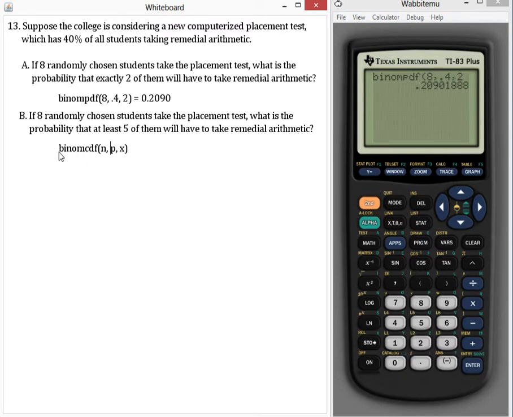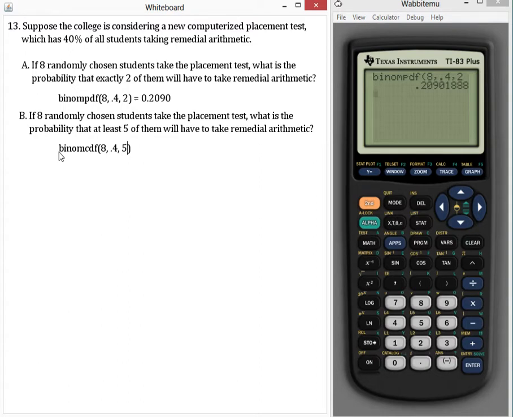Now, n is the number of trials. P is the probability of success, so nothing changes there. X is basically the cutoff where we want to stop summing things together.